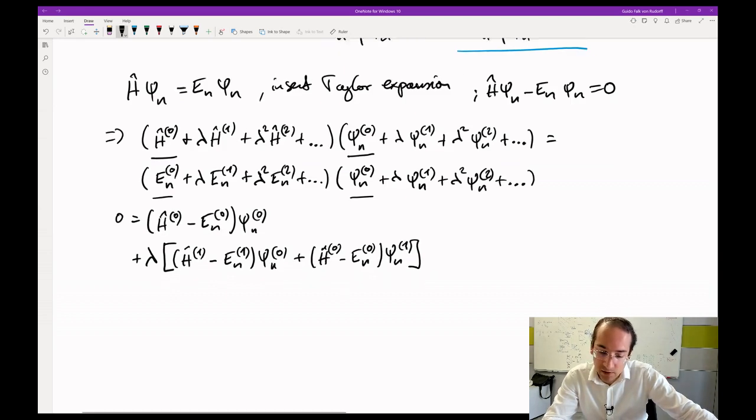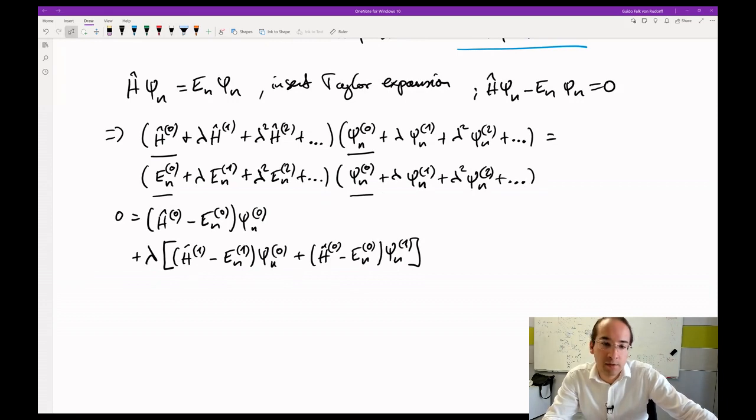That's exactly because you need to collect precisely one lambda, so you need to mix terms which have 0 and 1 lambda correspondingly.